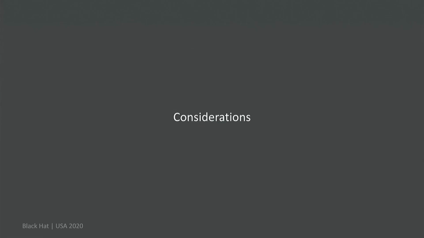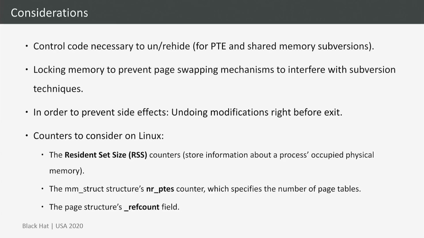Okay, let's talk about some challenges and considerations, things you have to consider when implementing and using those techniques. As mentioned earlier, for PTE subversions in shared memory, we still need some control code that has to be somewhere, so this could be detected, in order to unhide and rehide the memory. We also lock our memory to prevent any interference from page swapping.